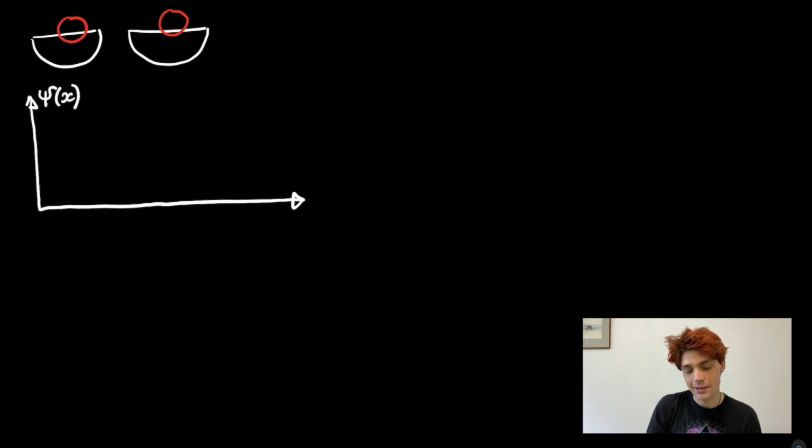We normally denote wave functions with the symbol psi. Now, this is basically the amplitude of the wave function. It's normally complex valued, but we're just going to plot the real part right here. And basically what it's telling you is the probability of finding a particle at a particular location in space or time.